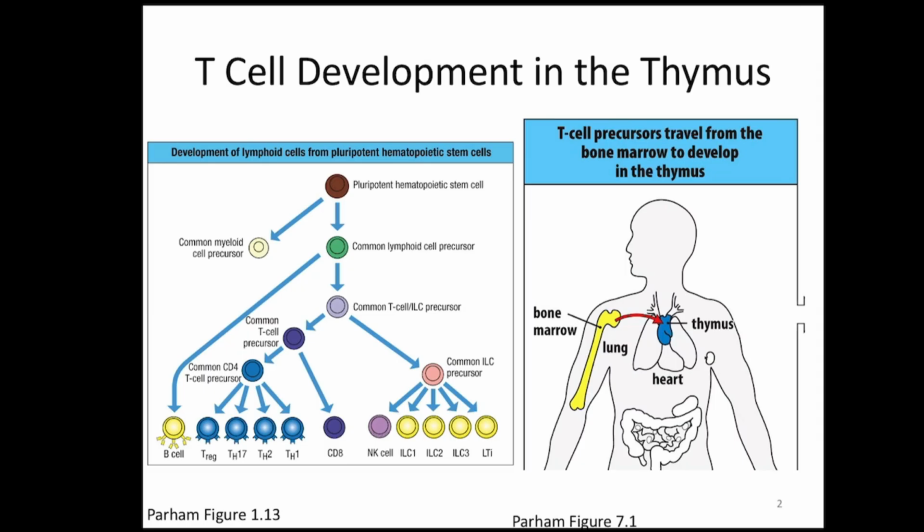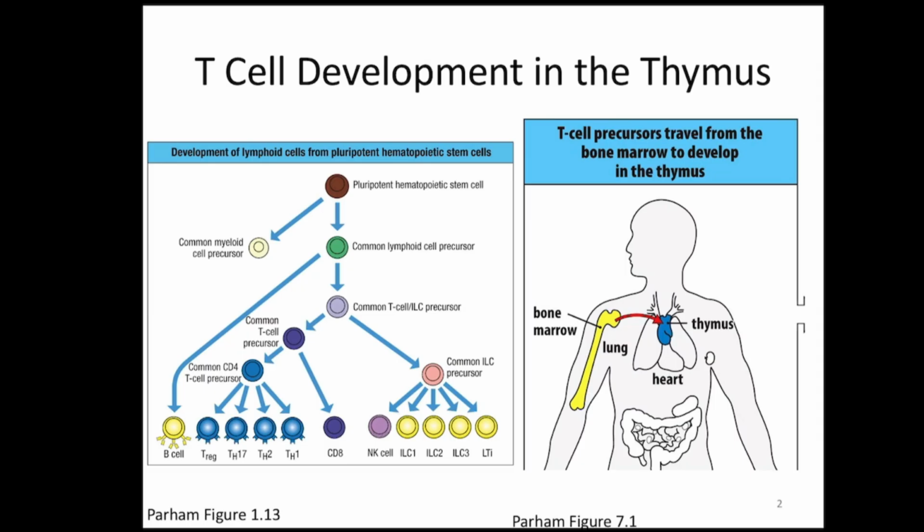So what you can see in my very simplistic way of talking about T-cell development is that I took my table that described B-cell development and I erased the B's where I said B-cell or B-cell receptor, and I wrote T's for T-cell or T-cell receptor. And big picture, that's what we're going to be seeing with T cell development as we talk through the details of T cell development.